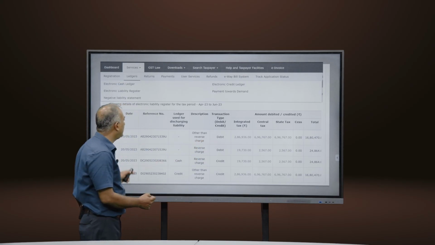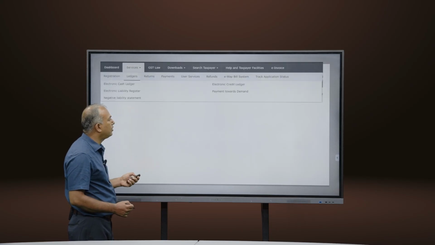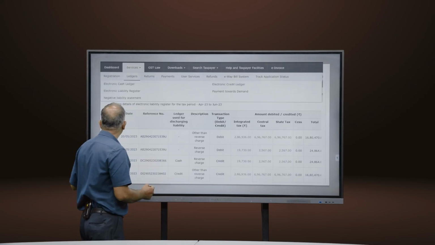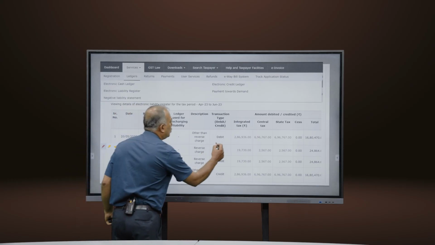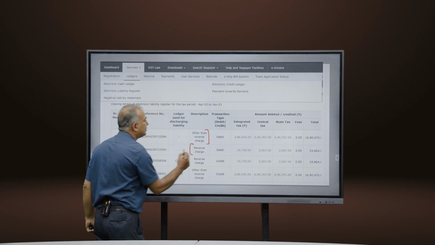If you look at the electronic liability ledger, part 1, it creates two debit entries. It says other than reverse charge and it says reverse charge.